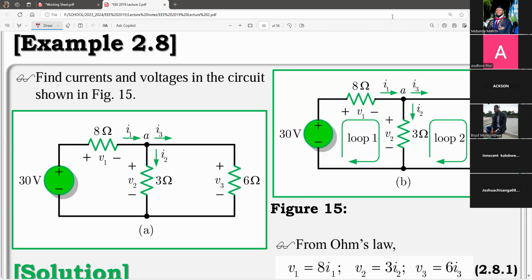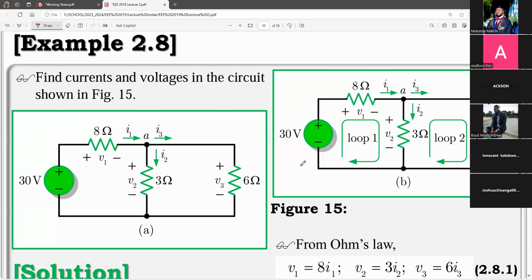Last week we ended on this example. I tried to run it through, but I realized it was too fast, so I thought I should come and start from here. This example incorporates all the three laws, Kirchhoff's as well as Ohm's law, because it asks us to determine the currents I1, I2, I3 and the voltages V1, V2, V3.